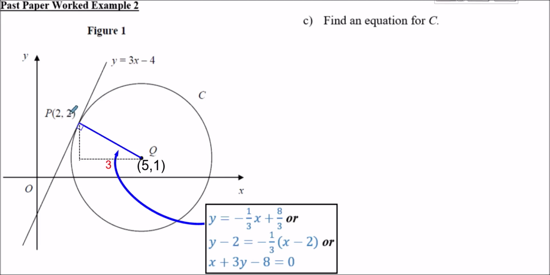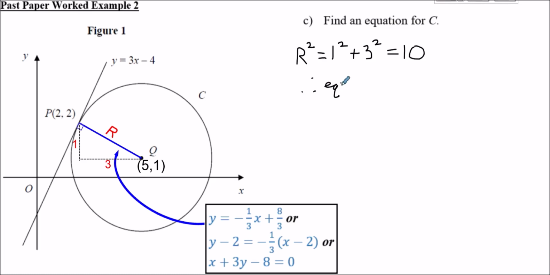And from y being 2, moving down to y being 1 at Q, that's a vertical drop of 1. And obviously this blue line, like I said, is the radius. So using Pythagoras, we can see that the radius squared must be 1 squared plus 3 squared, which is 10. And we can leave it like that when we work out the equation of C.